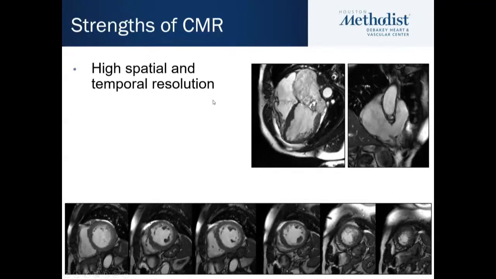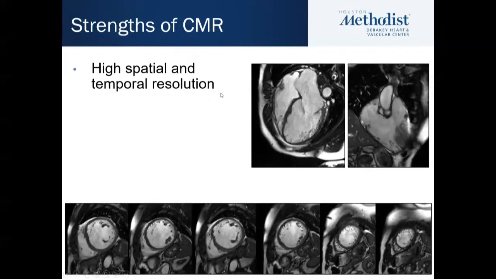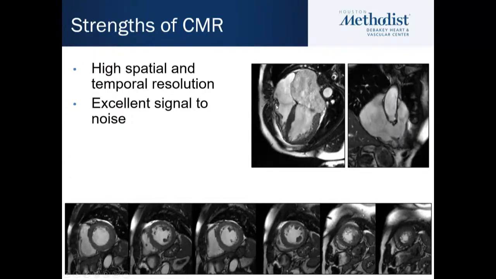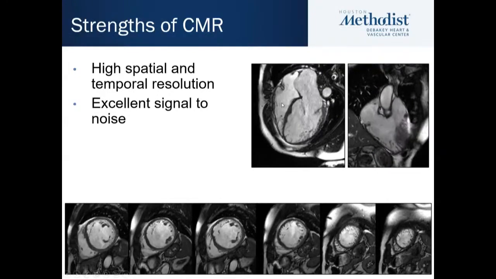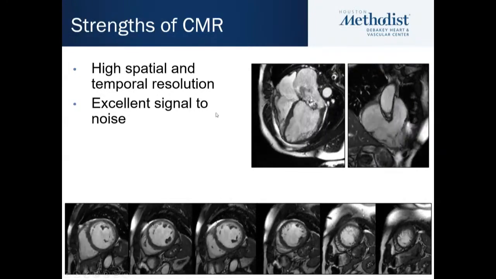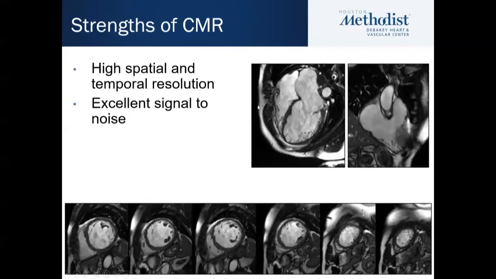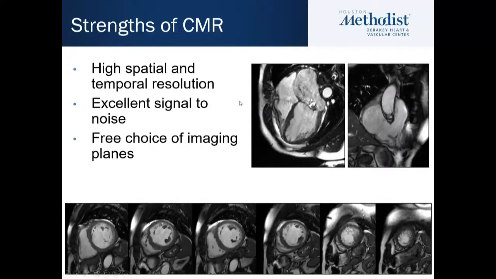If something is moving rapidly, to resolve its movement you need high temporal resolution. Excellent signal to noise means that for any imaging technique, there's noise inherent to the image, to think about it simply. But the signal of the true structures as a ratio to the noise is very high. So you can delineate what's not real versus real, essentially.